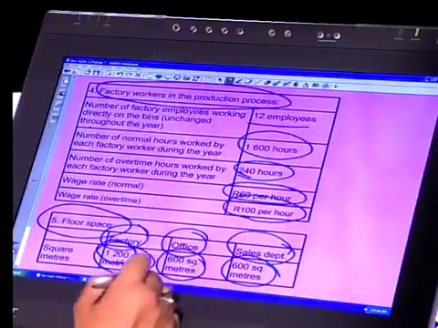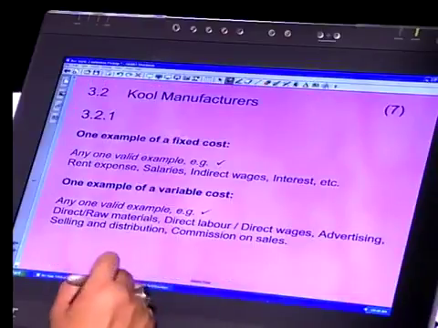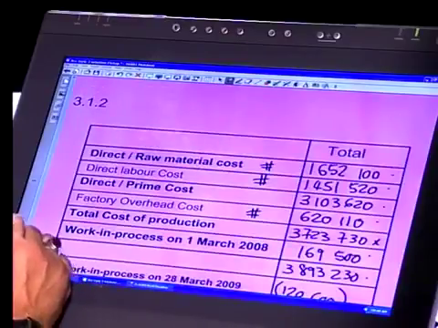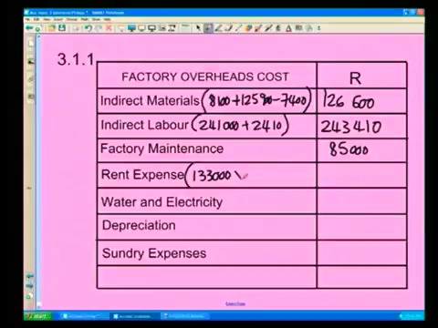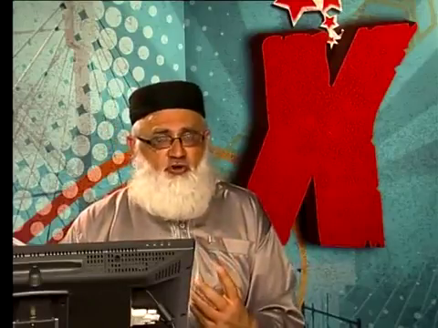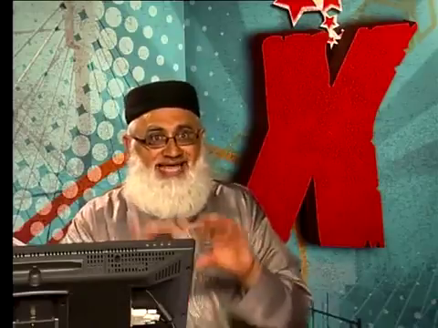Why? Because we've seen information telling us what? Here's the information. The factory only uses 50%. That's right. In other words, here we say times 50%.